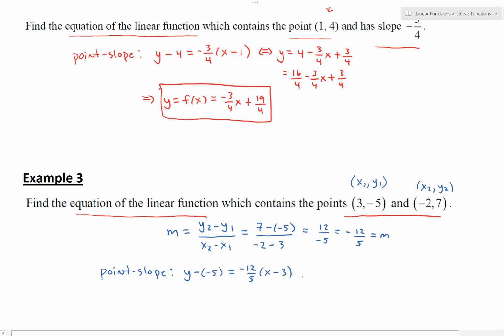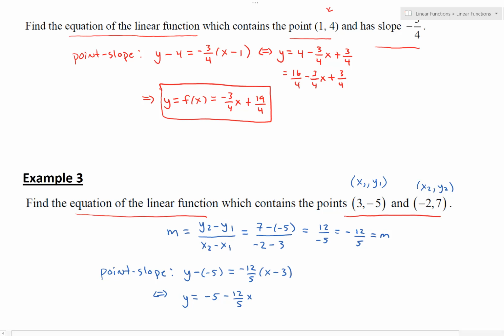So notice on the left side, that's a y plus a 5, right? So I want to subtract a 5 on both sides to rewrite this as y equal to a minus 5 minus a 12/5 times the x, distributing the negative 12/5 across x minus 3.